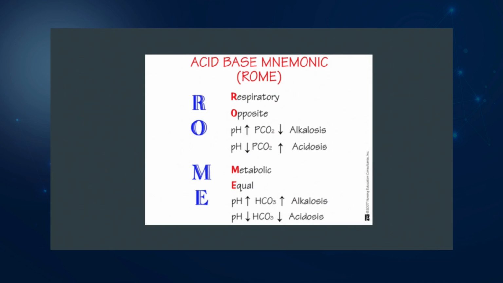Now let's go on to our next slide. Again, I just wanted to highlight this ABG interpretation mnemonic. It's an old one that I always write in the corner of my notebooks to remember. This helps me a little bit in understanding the interpretation.